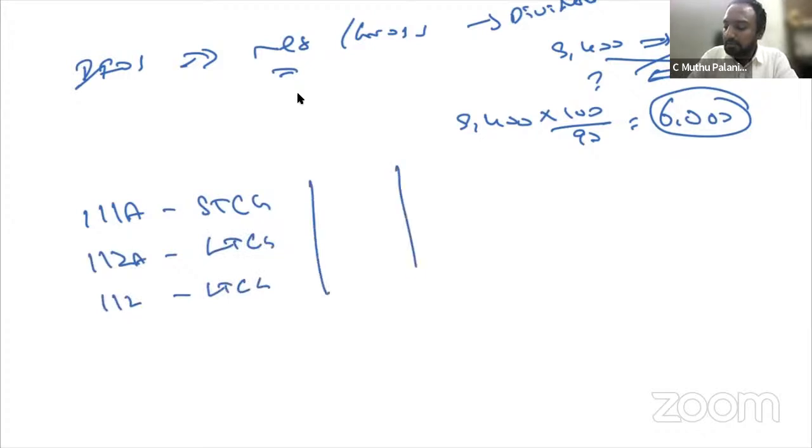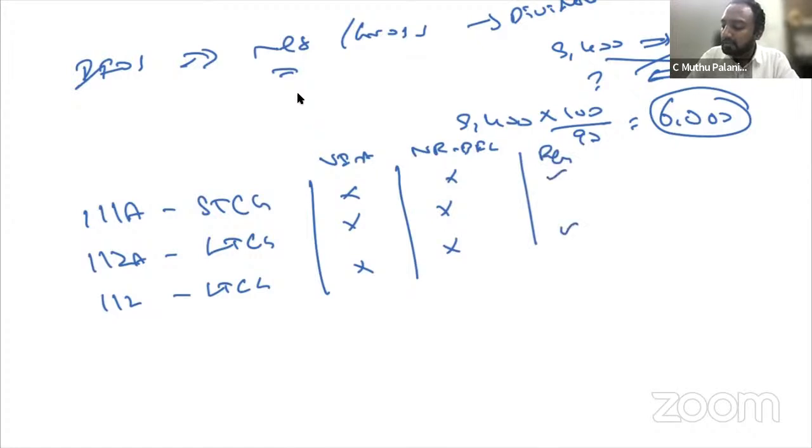In all these 3, we said 6A deductions are not applicable. Then the non-resident basic exemption limit is not available. And finally, we said rebate 87A is allowed, and it is not allowed only in long-term capital gains. So you have to remember these things like a table.